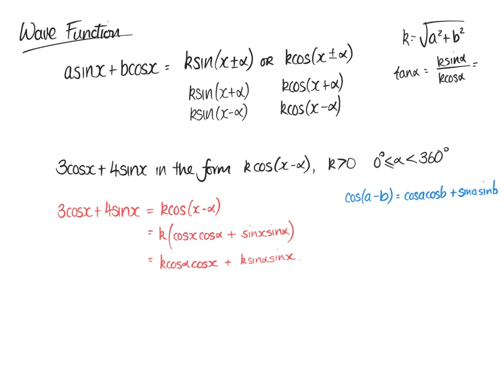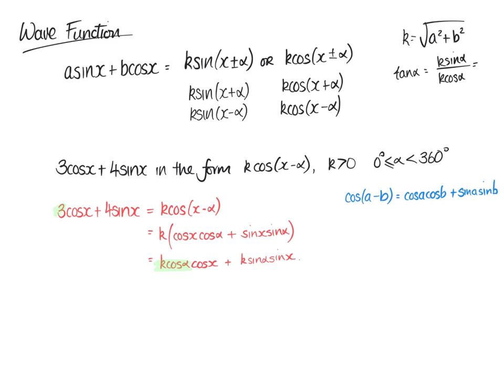Up here, we know that we need k sine alpha and k cos alpha, and we need values for those to find our alpha and our k, don't we? If we look here, this is why I rearranged it a little bit. We have k cos alpha here, but that's in front of our cos x.